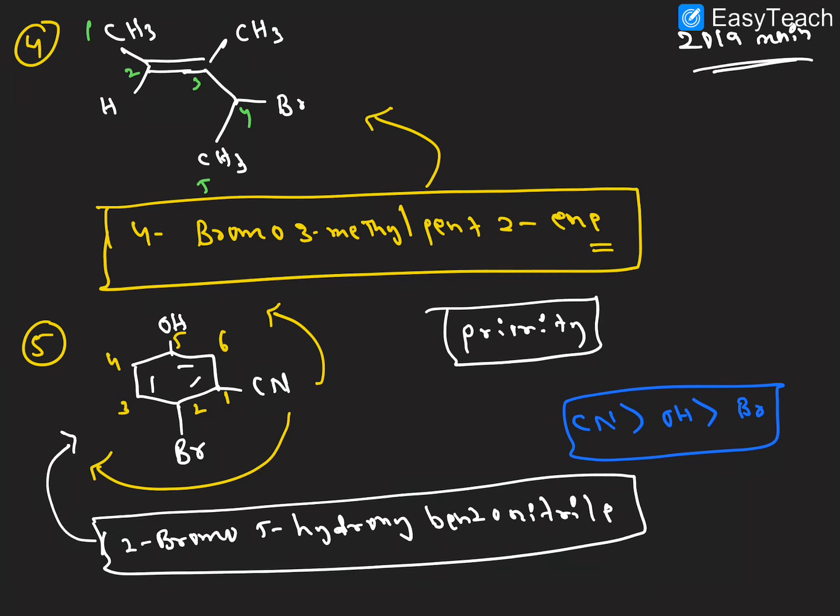And next example, this is also a 2019 Mains question. Next, the sixth example here: C6H5COCl.